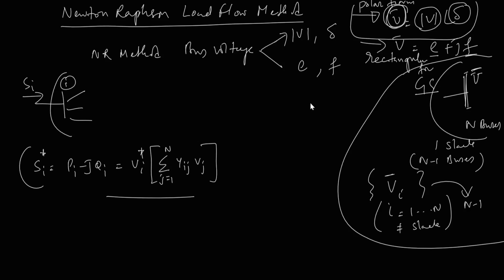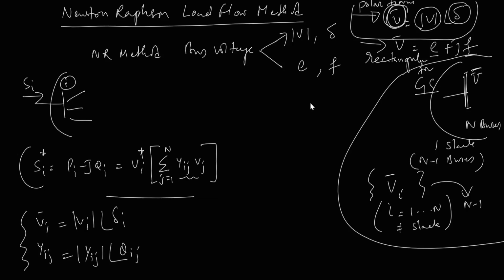Now I just substitute the phasor Vi equal to Vi magnitude at an angle delta i, and the bus admittances Yij equal to Yij magnitude at angle theta ij.